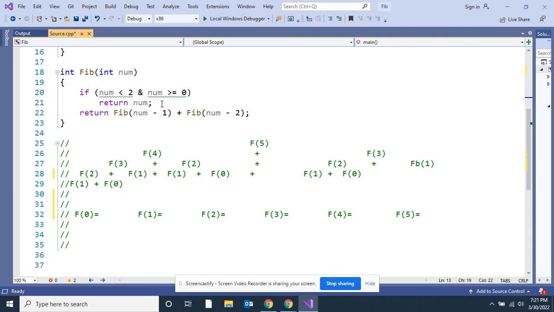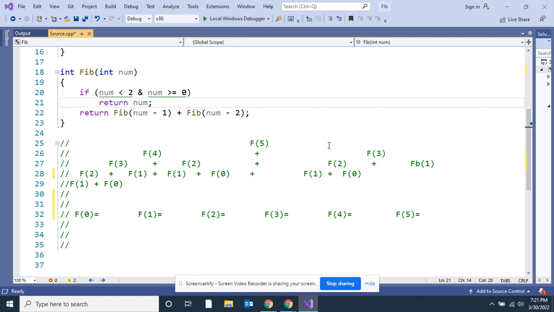So if the number is less than 2 and greater than or equal to 0, basically we want to get a 0 or 1, we return that number. That's our base case. I've mentioned the base case before. So for all zeros and ones, it just returns that number. If I enter a 1, it's going to return a 1. If I enter a 0, it's going to return a 0.